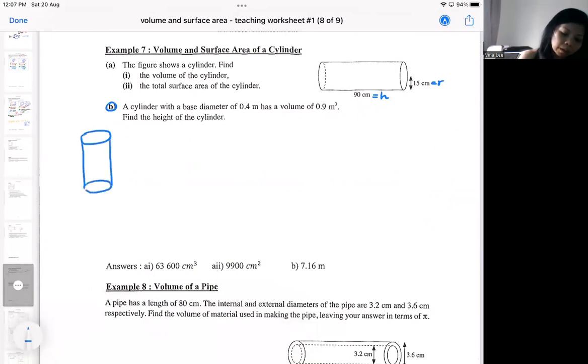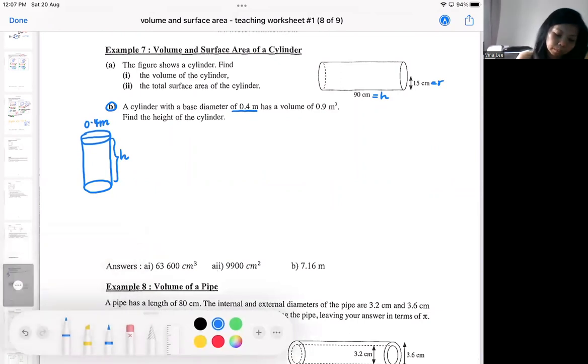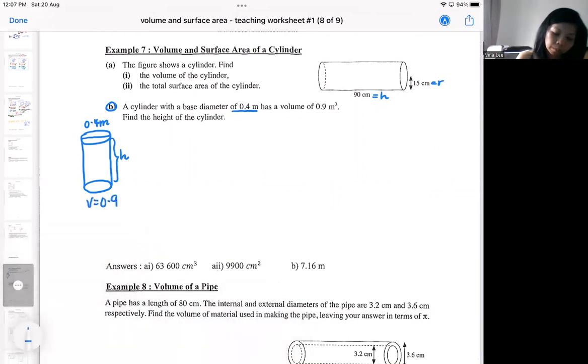So the diameter is 0.4 meter, which means this part is 0.4. And I do not know the height, but I do know the volume. So in a way, it's working backwards to find the height.